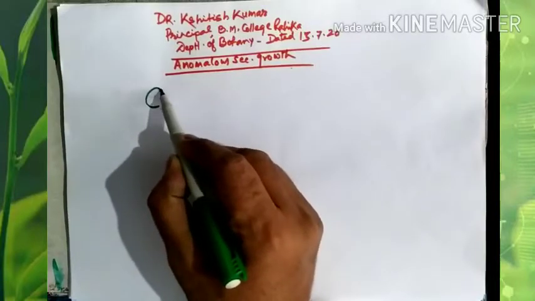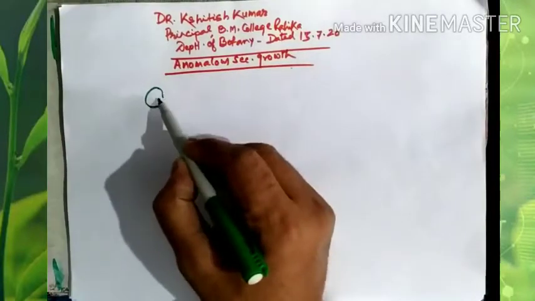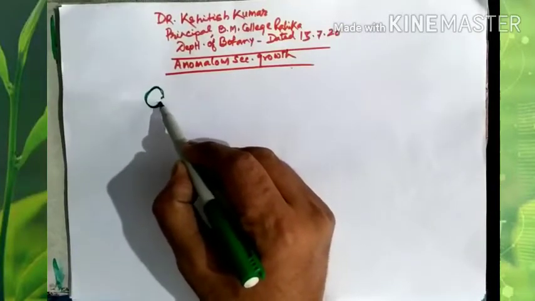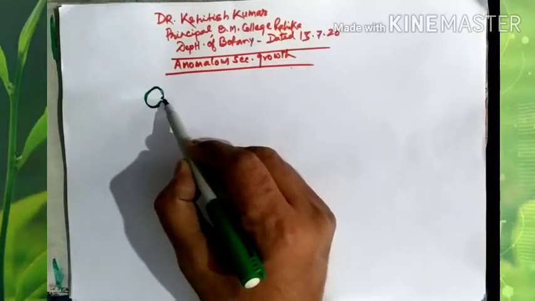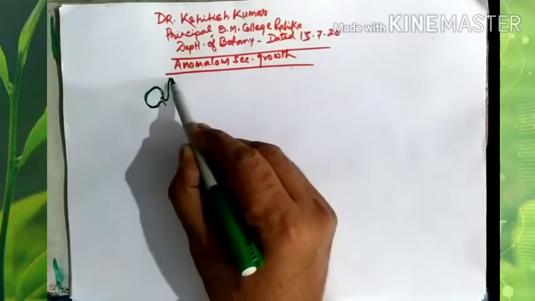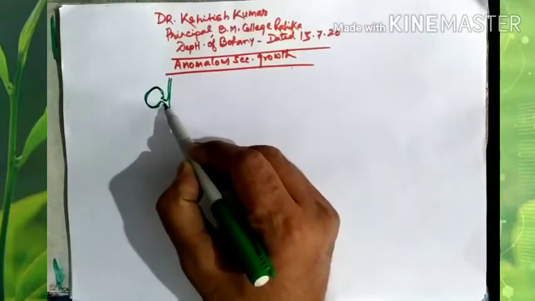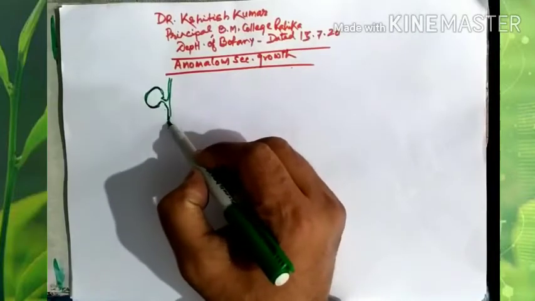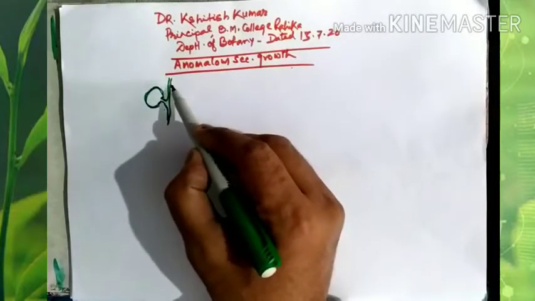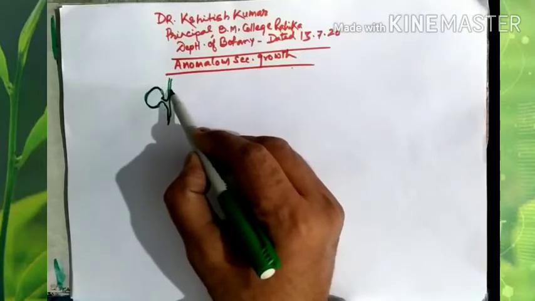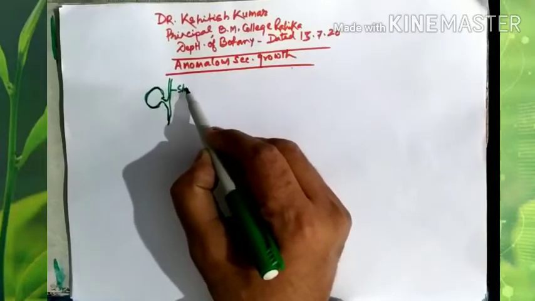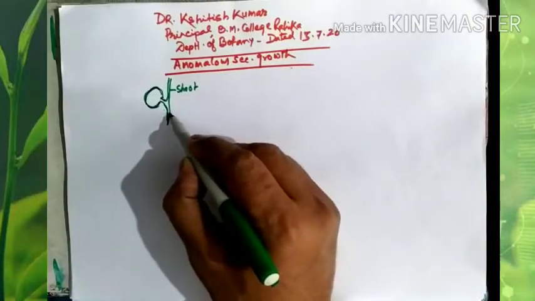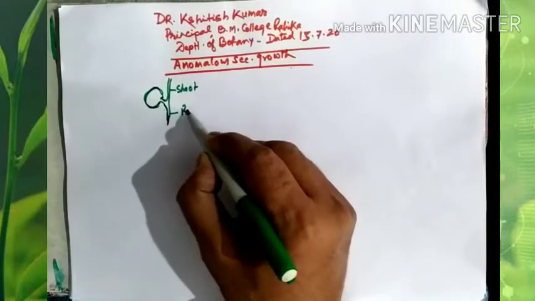Let us assume that this is a germinating seed. After the germination, a new seedling emerges from it, and it has two axes. One is going upward and the other is going downward. The upward portion is known as the shoot portion, and the downward portion is known as the root portion.